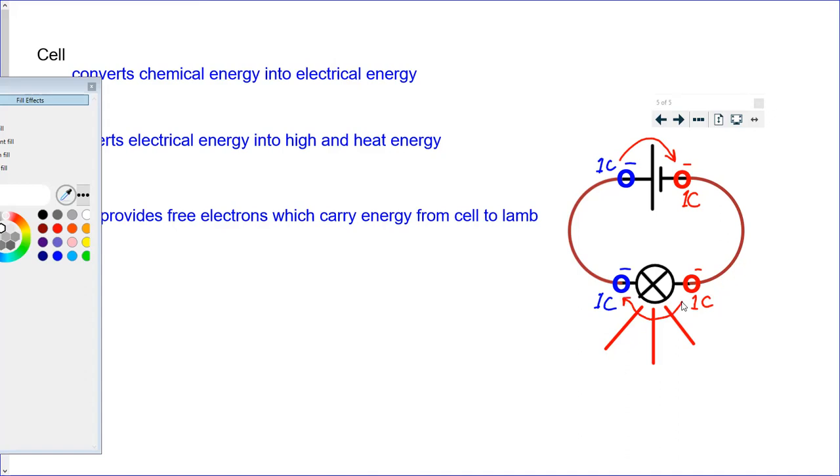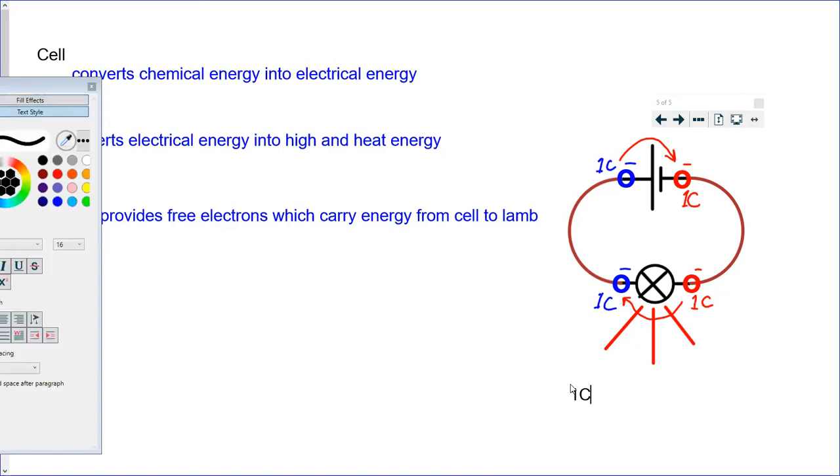This 1 coulomb means per coulomb. Coulomb is the unit of charge, so 1 coulomb is actually per unit of charge. Right? So what is 1 coulomb then? 1 coulomb can be written as per unit charge.